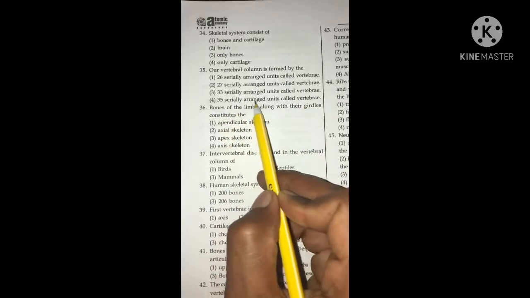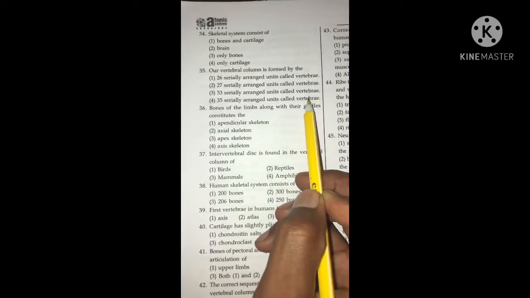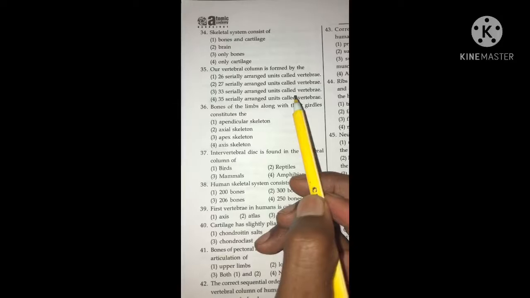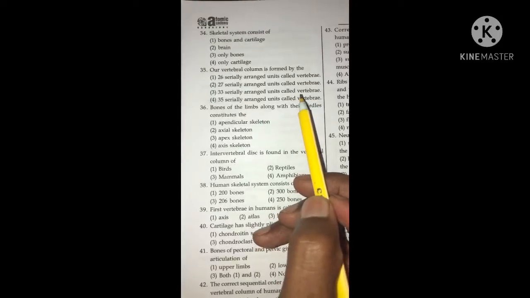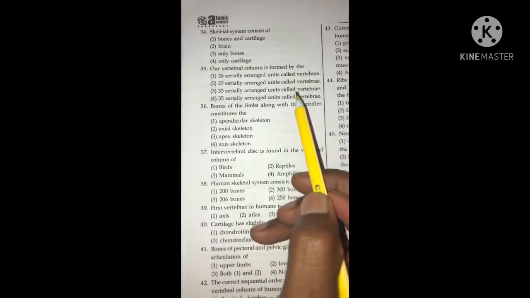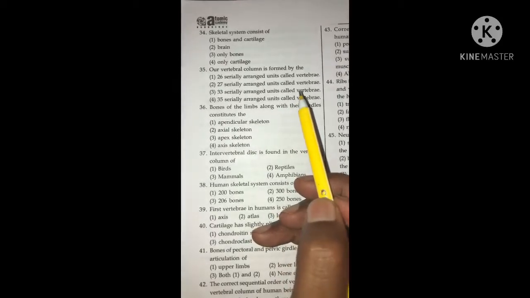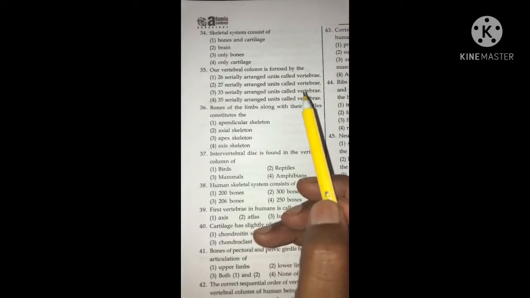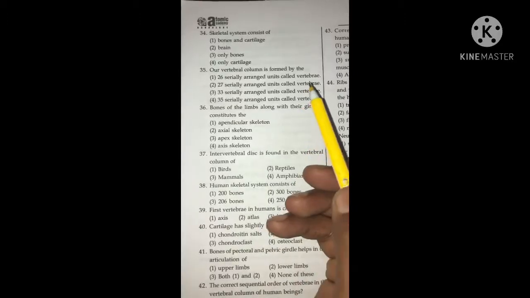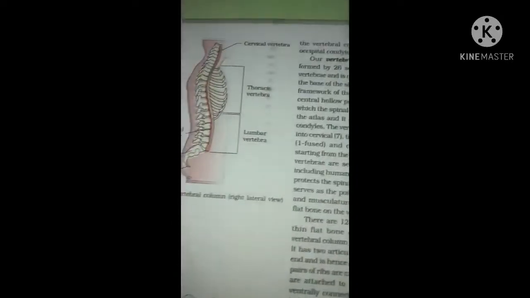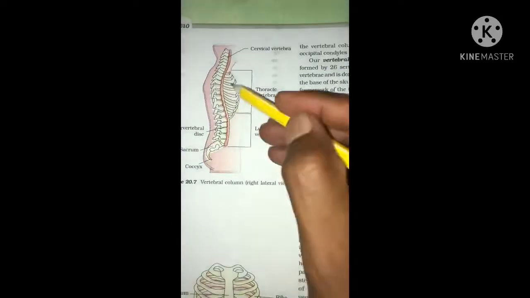So if you observe the vertebral column, it contains 26 bones. If you consider the fusion of the bones, there are 33 bones. Look here in the diagram. This is called the vertebral column.